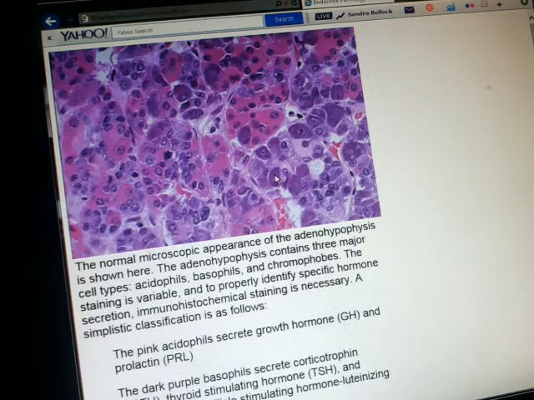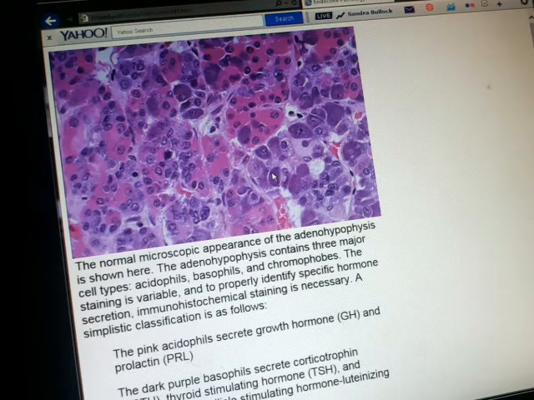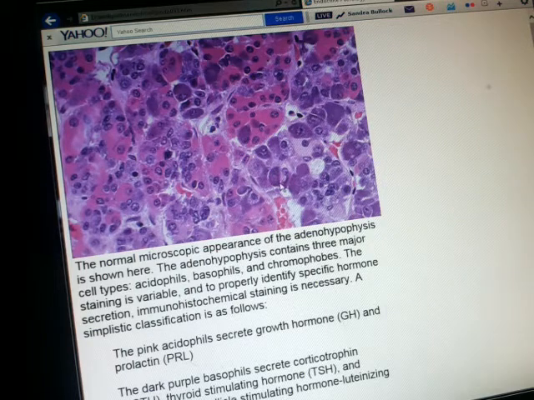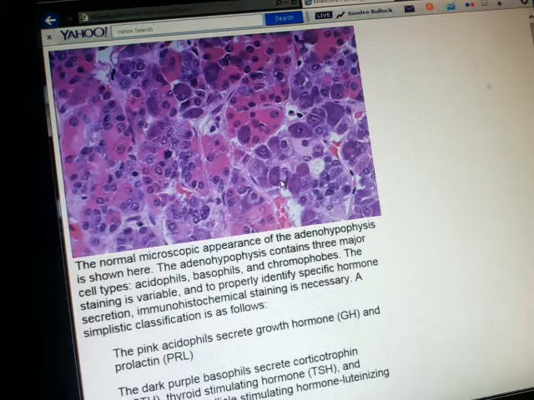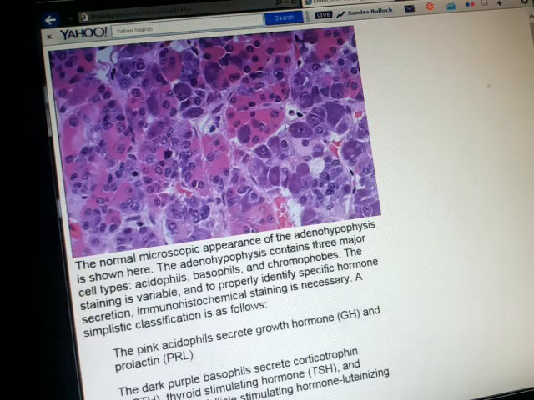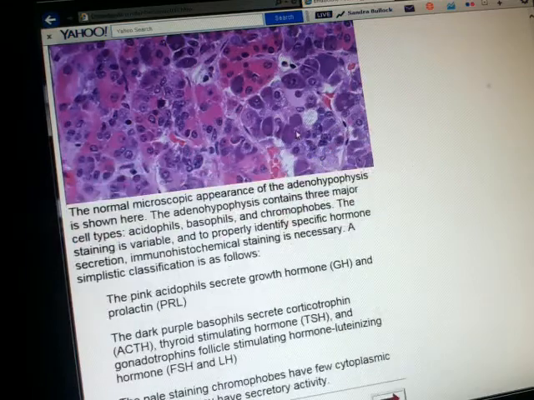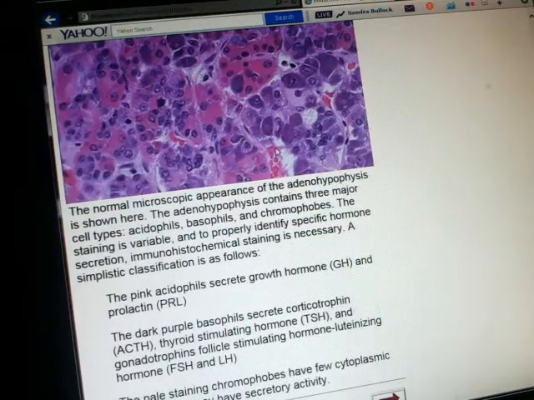These are the basophilic cells secreting follicle stimulating hormone, luteinizing hormone, thyroid stimulating hormone, and adrenocorticotropic hormone. These are the chromophobes, which are intermediate in color between acidophilic and basophilic cells, which have variable secretory activity.